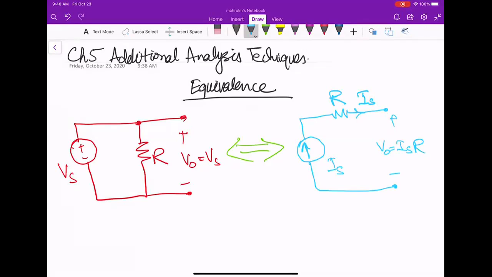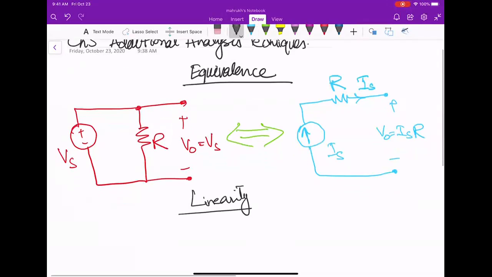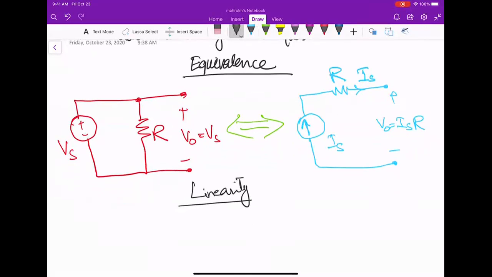Another thing I want to mention is the linearity of the circuits. So in this course, till now, we dealt with only linear circuits. Linear circuits are such that if you increase one, the other will increase because the equation is linear.